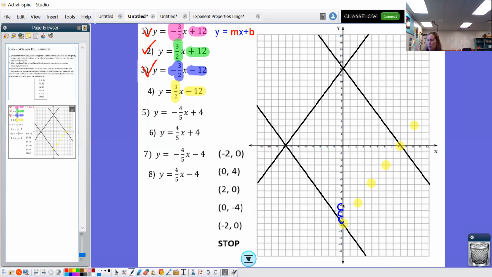1, 2, 3, and to the right 2, 1, 2. Yeah, I'm pretty convinced we've got it right, but I'm going to check one more time. 1, 2, 3, and to the right 2. Very nice. I think we did a good job.